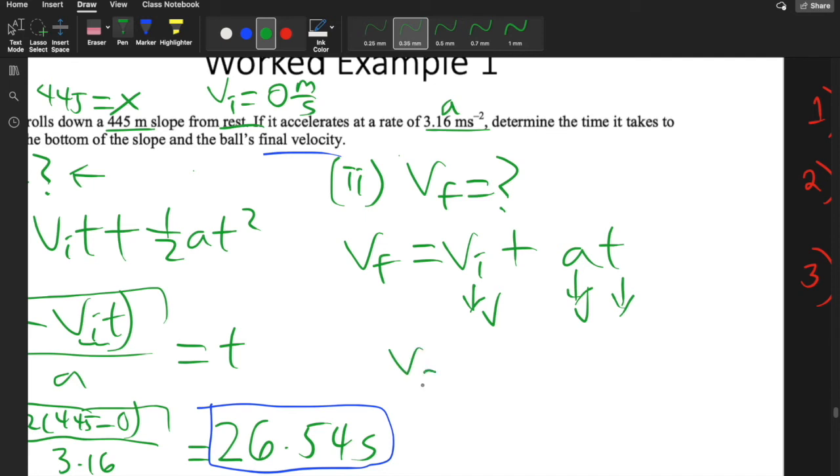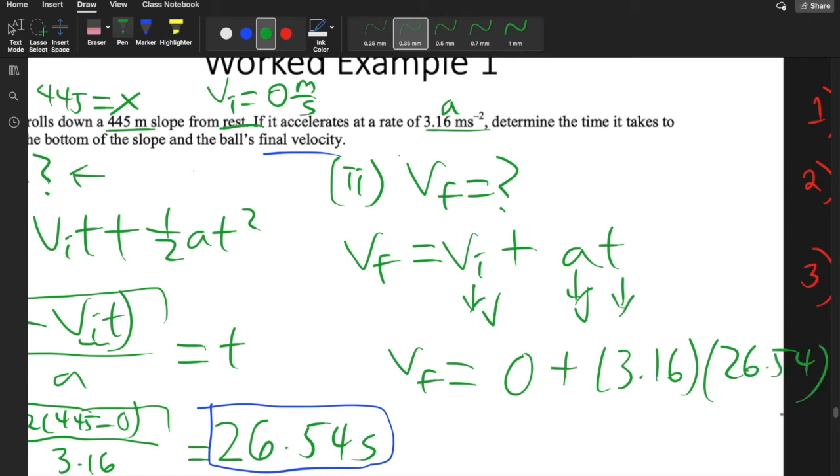So you can just plug all of those numbers into this equation. It is equal to 0 plus 3.16 times 26.5454, so it is equal to 83.85 meters per second.